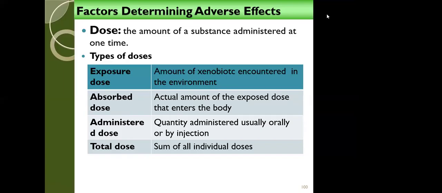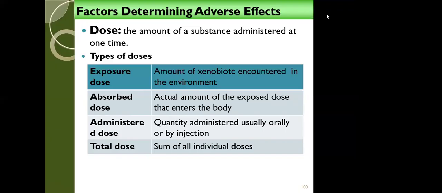I am not too conversant with this field, but looking at the table in front of me here, I can see that if someone is exposed to a particular dose, you can calculate the amount that has been administered to the person.